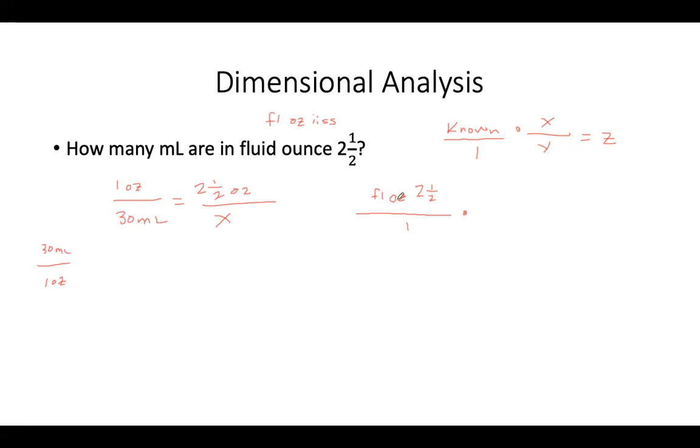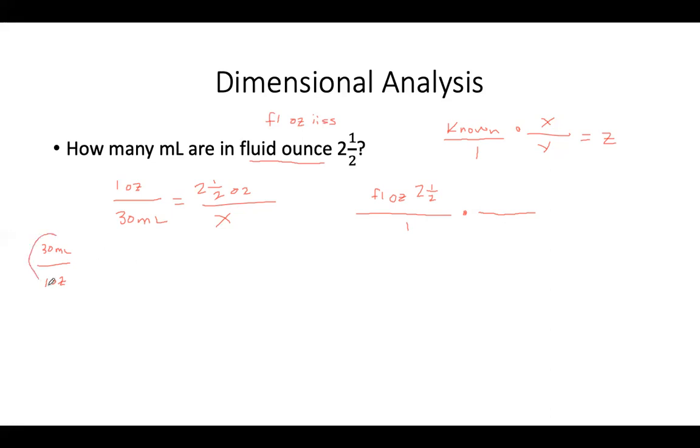When we're doing dimensional analysis, we want to choose the form of the conversion factor in which the units that we start with, in this case fluid ounces, will be on the bottom of the next conversion factor. So if we are looking at these two formats of the conversion factor, we have fluid ounces on the top here, and so we want fluid ounces on the bottom here.